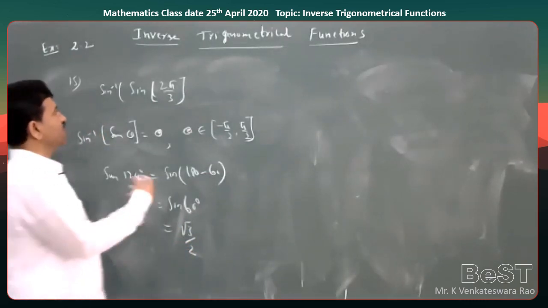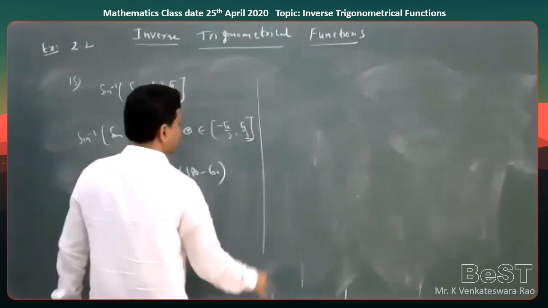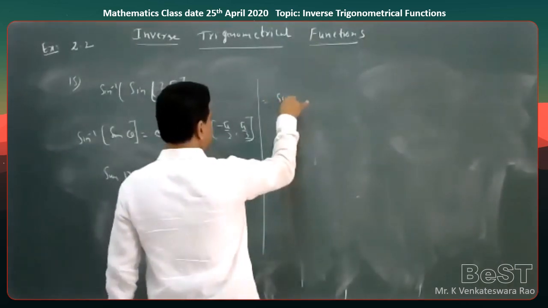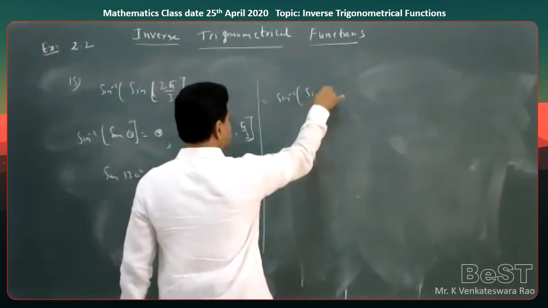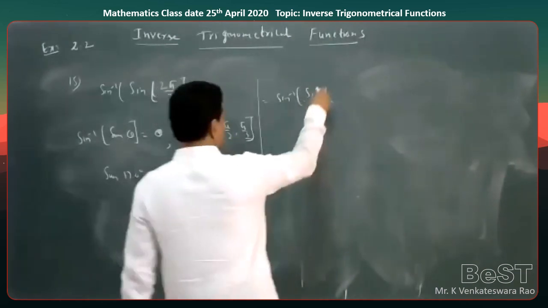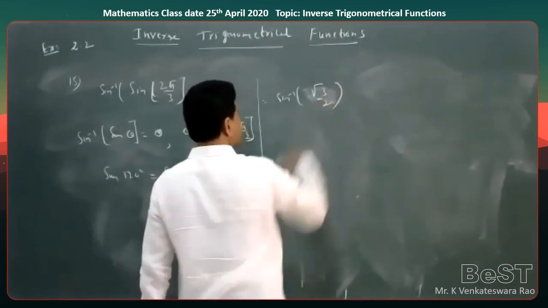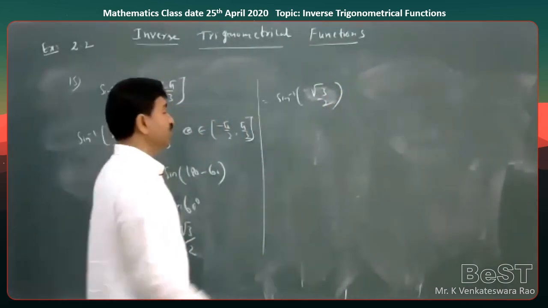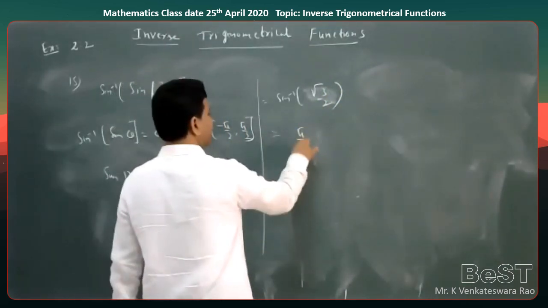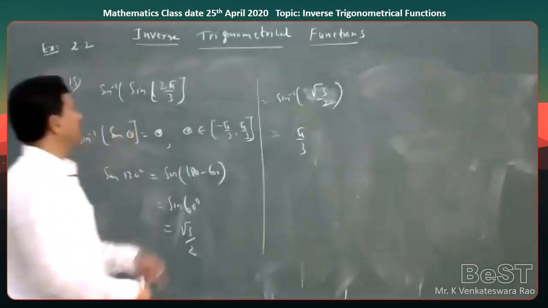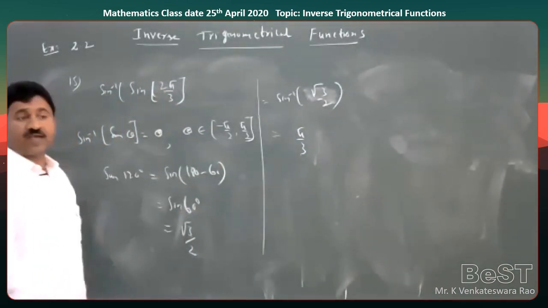So coming to this problem, sine inverse of sine of 2 pi by 3: the sine 120 value is root 3 by 2. Sine inverse of root 3 by 2 we know, that is pi by 3. So the answer is not 2 pi by 3. What is the answer? Pi by 3.